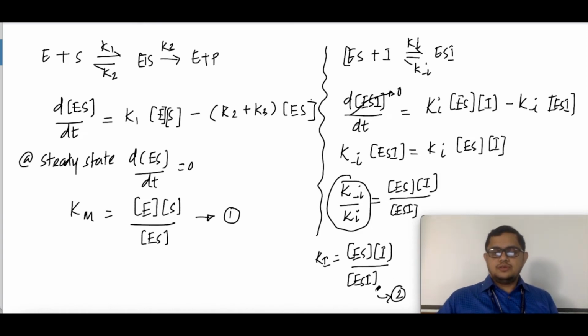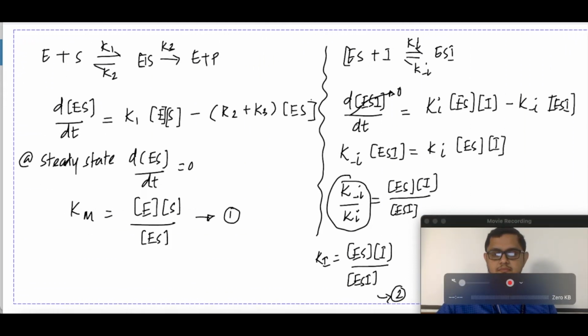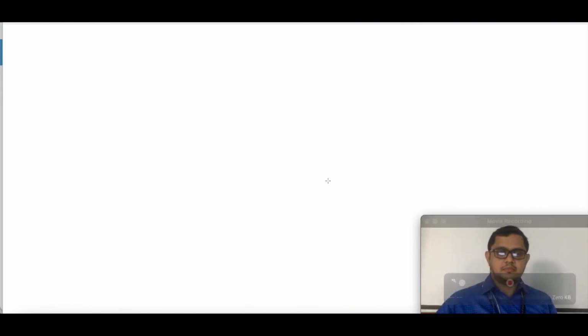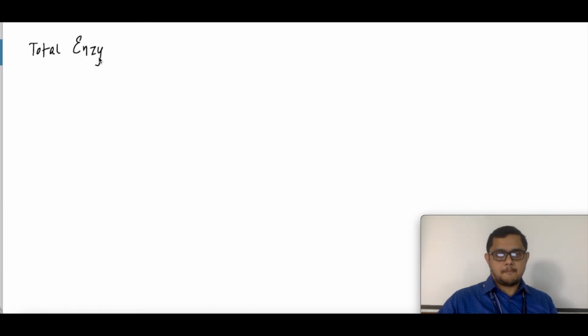So we have two equations. Now the next step is to calculate the total enzyme present in the system. The total enzyme, E naught, is whatever enzyme you have added to the system.